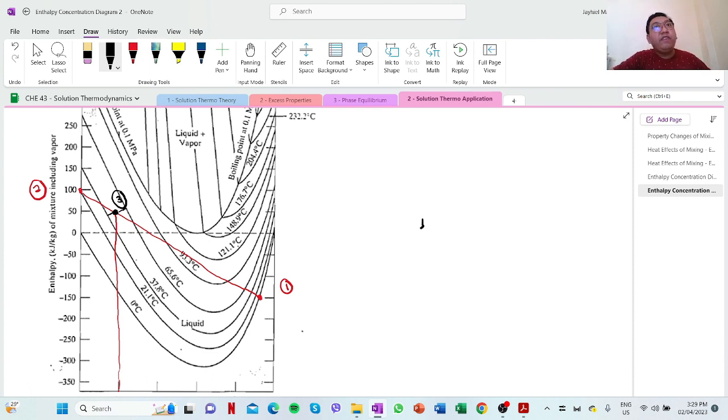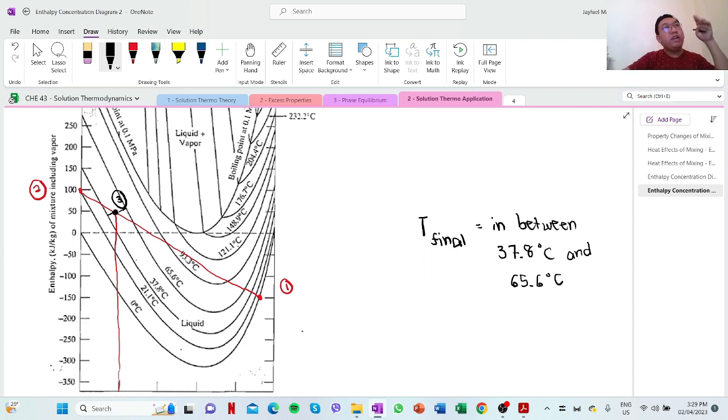So the final temperature is actually in between 37.8 degrees Celsius and 65.6 degrees Celsius. That's the expected value.